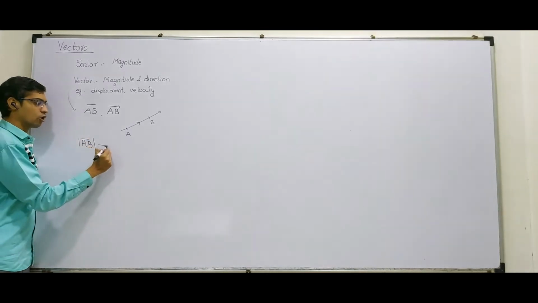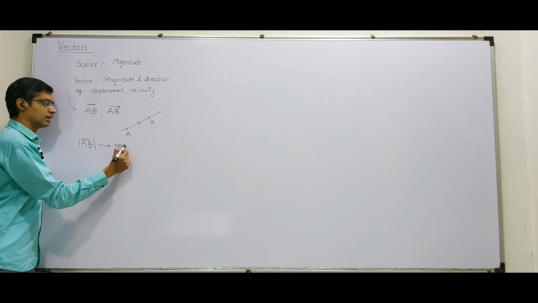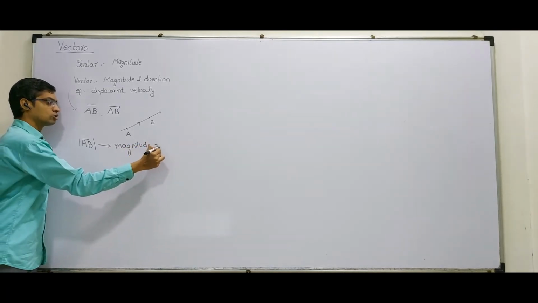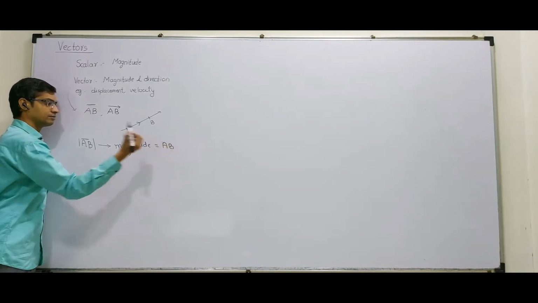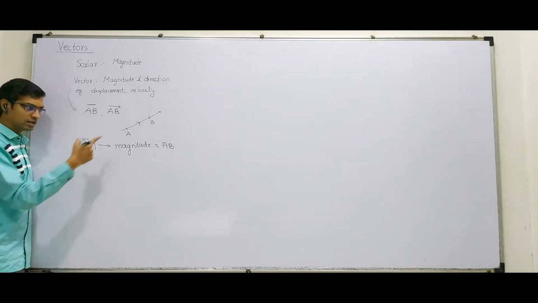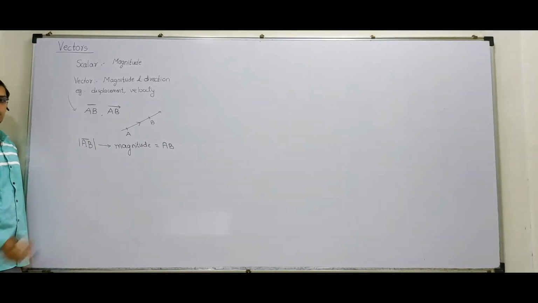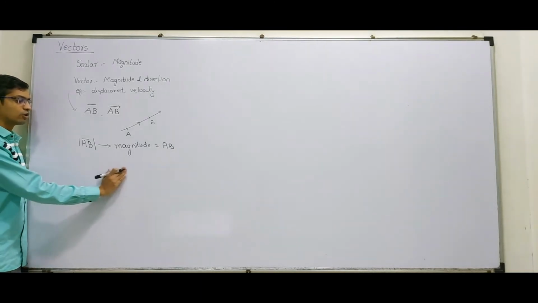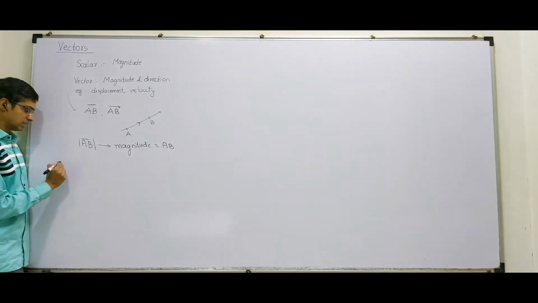If I talk about the modulus of that vector, it indicates magnitude. Or I can also write simply AB. Either I write modulus of AB bar or I simply write AB, both mean magnitude. Okay.